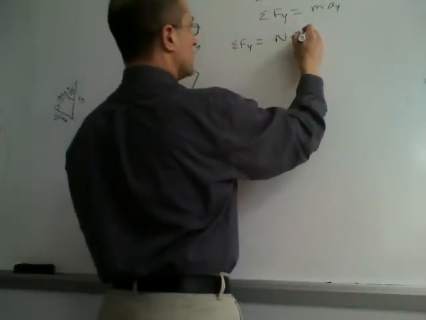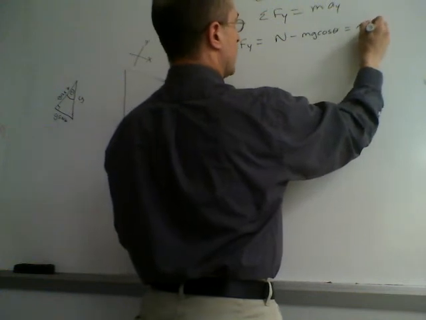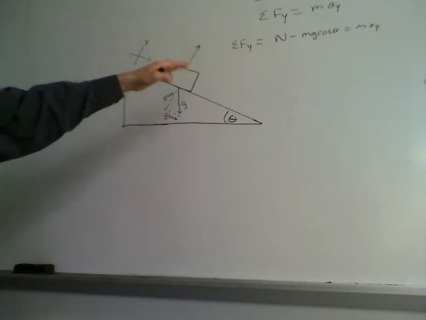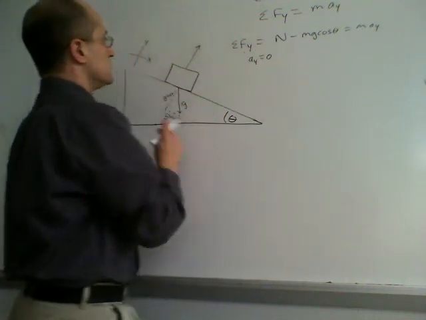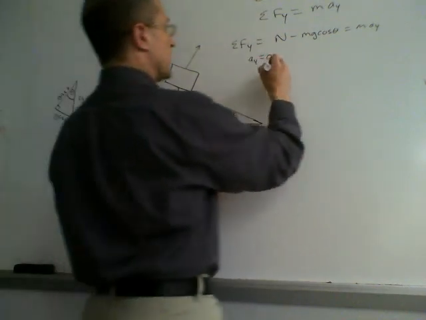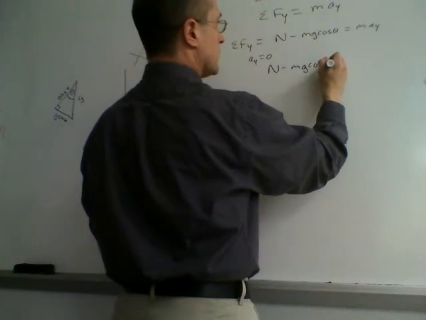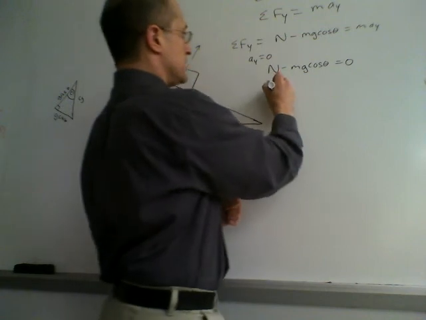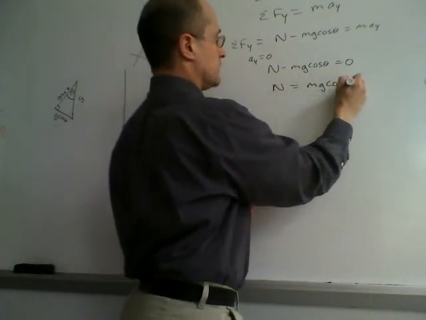So the normal minus mg cosine theta is equal to may. Now we know that ay is going to be 0 because our system is not accelerating perpendicular to the plane. So the normal minus mg cosine theta is equal to 0, and when we solve, the normal is equal to mg cosine theta.